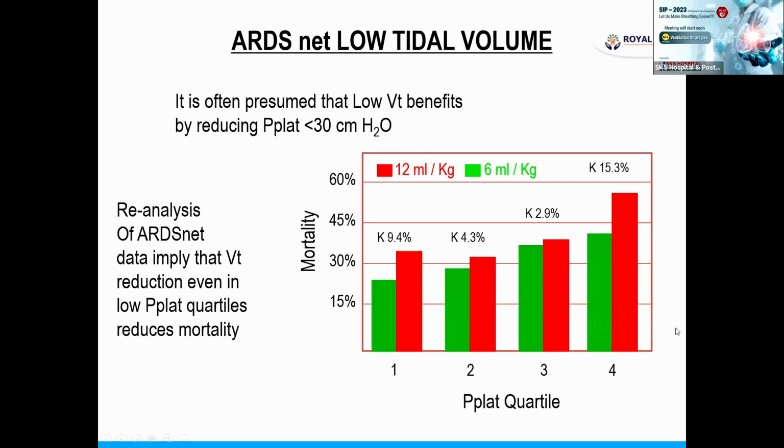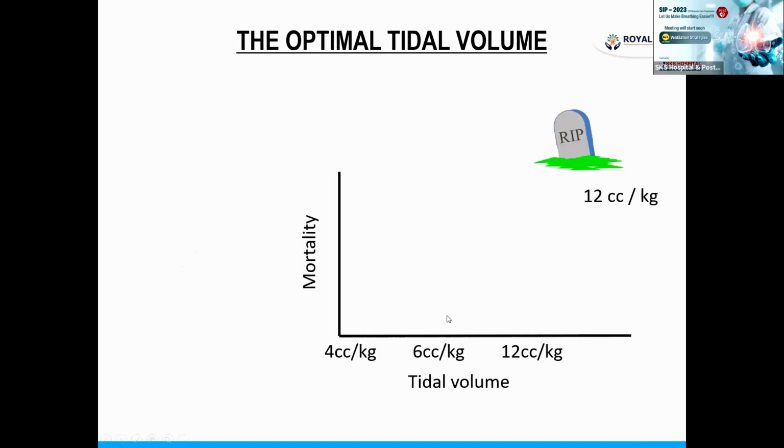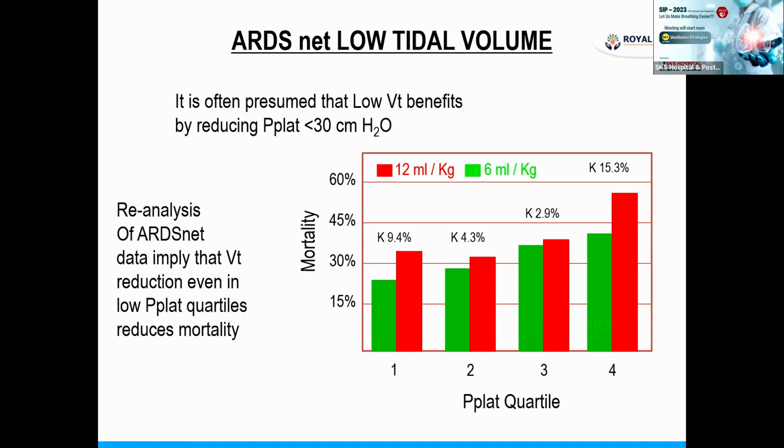So after this further analysis, it was found that the advantage was predominantly because of the low tidal volume, and not because of the restriction of your plateau pressure. Though it can be augmented by a further reduction of plateau pressure to less than 30, it individually has a good advantage. So definitely you can say that low tidal volume is beneficial.